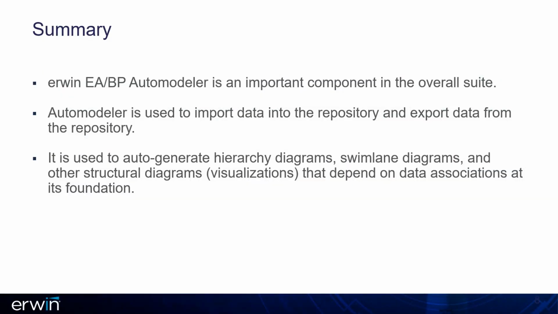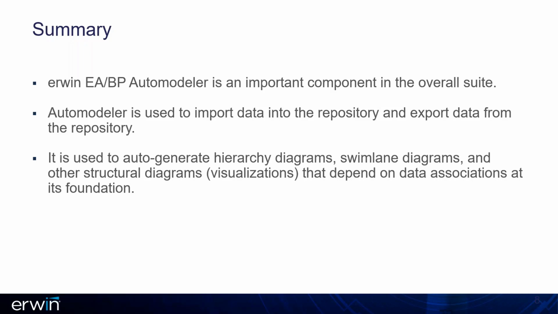The Irwin EABP Automodeler tool is part of the overall suite. It's a very important component because it allows you to work with your data. It lets you take data from the repository and unload it into Excel, for instance, or Word, or a CSV file. Most commonly, it's unloading into Excel, making changes, and loading it back in.